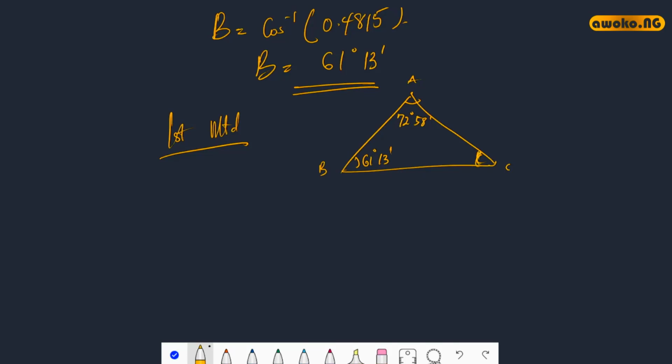Then angle C is simply, since we know that the sum of angles in a triangle is 180 degrees, A plus B plus C equals 180 degrees.